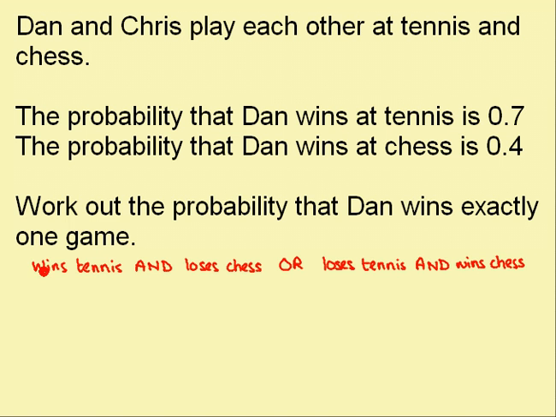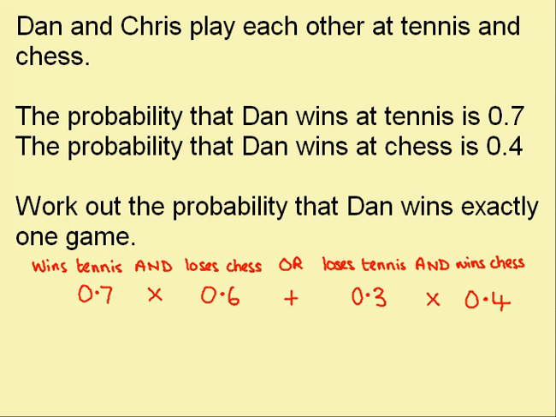So the probability that he wins at tennis is 0.7, and the probability that he loses chess is 0.6 because the probability that he wins is 0.4. Or the probability that he loses tennis is 0.3, and the probability that he wins chess is 0.4.